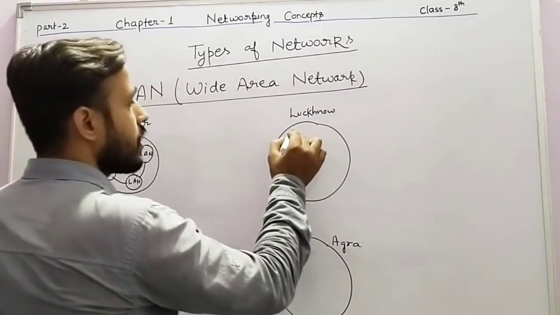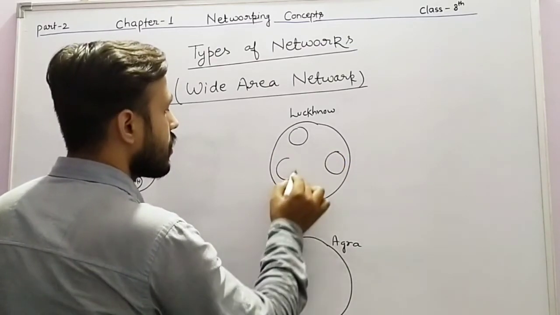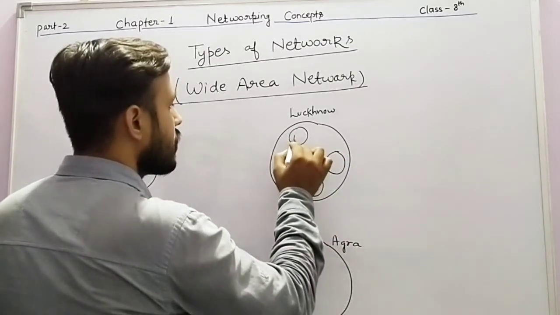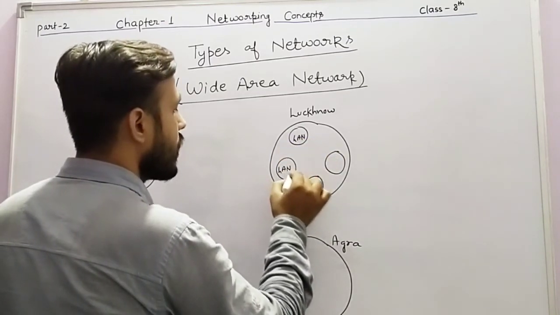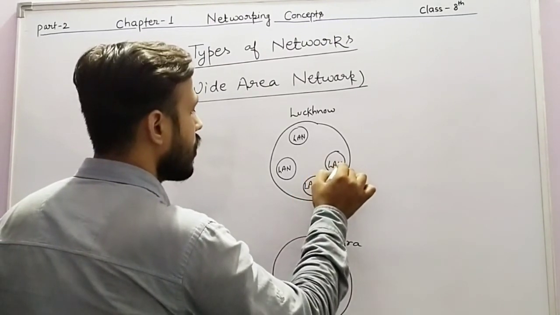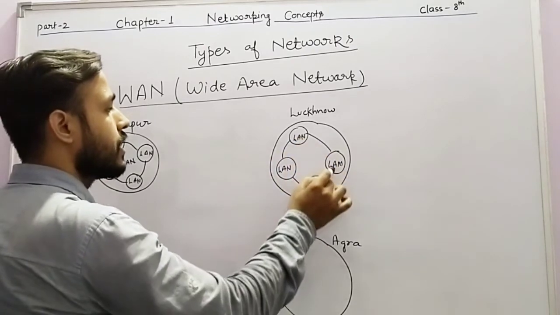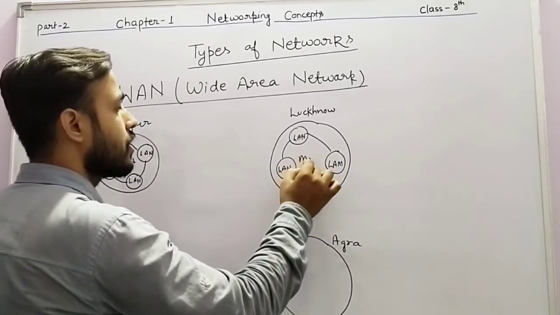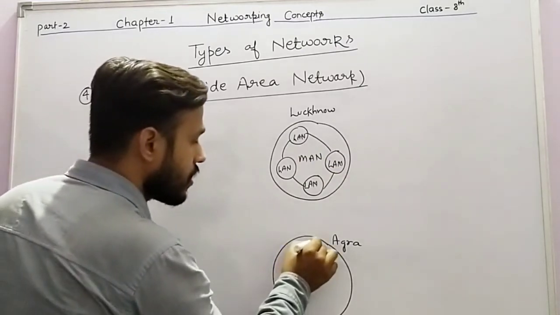Similarly, in these two cities, this is a local area network connection, this is also a local area network. If we connect these cities with each other, it gets converted into a metropolitan area network.